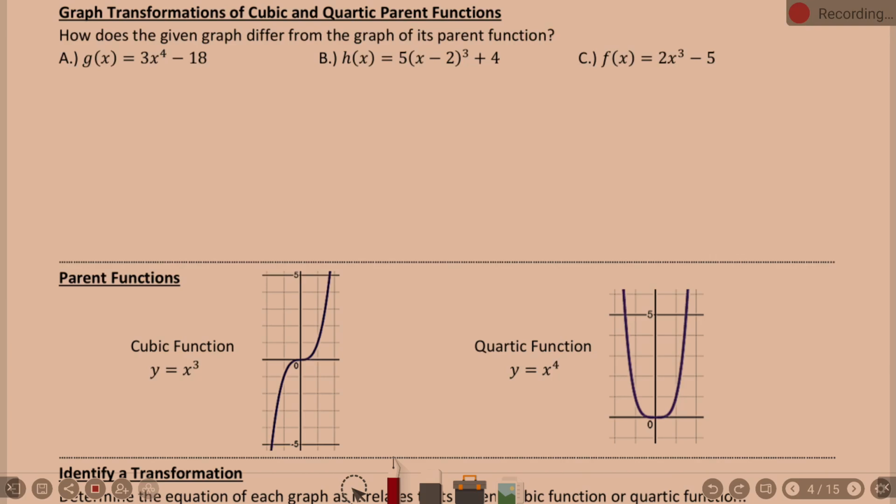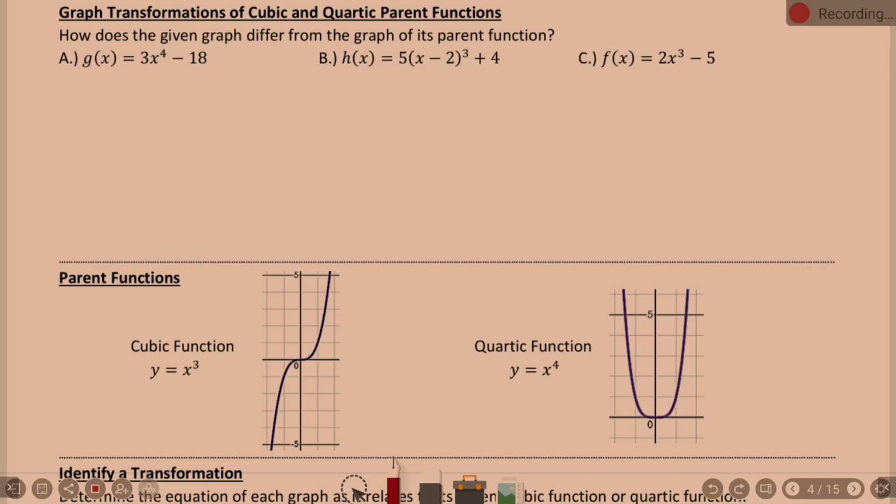We're not seeing as many parabolas as we are x to the thirds and x to the fourths. So, just for reference here, we're going to talk a lot about the parent functions of the cubic function, which is x to the third, and the quartic function, which is x to the fourth. Okay, so this kind of works for both sections.